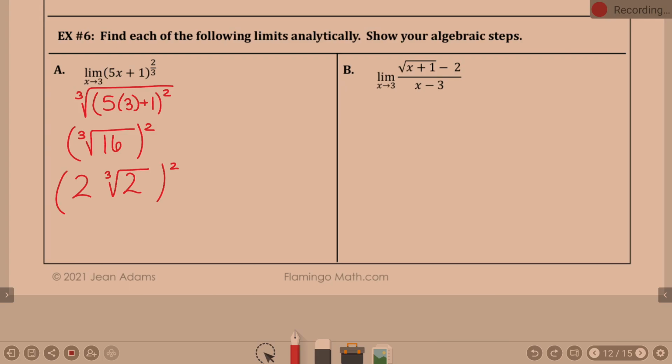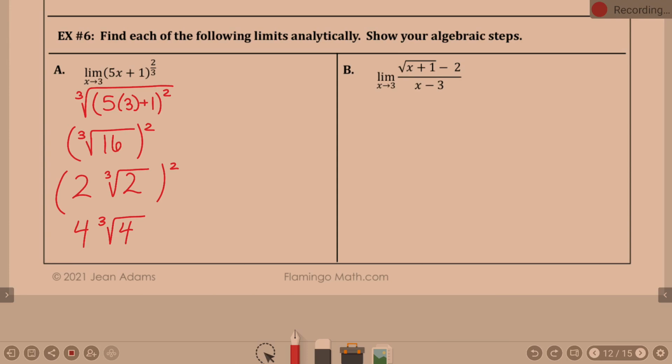You could go one more step if you want. I don't like that. You could cube both or square both pieces. The 2 squared is 4, and this could become the cube root of 4. You could have stopped a long time ago. Okay.